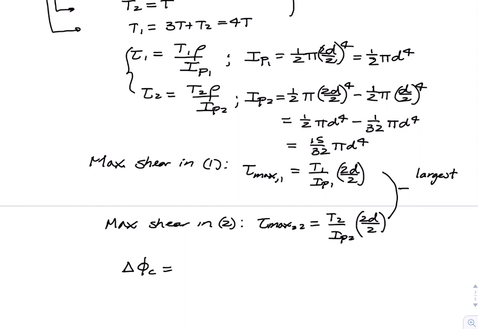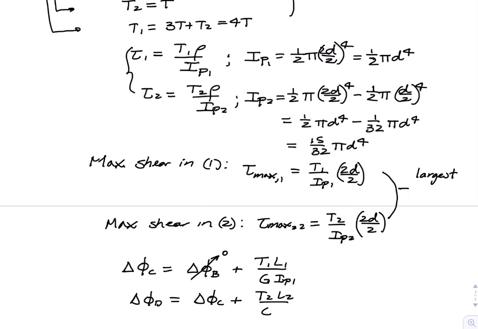So I'll call that delta phi B, that's a 0, plus the tau 1 L1 divided by G IP1. And the connector there at D is going to be equal to the rotation at C plus tau 2 L2 over G IP2.